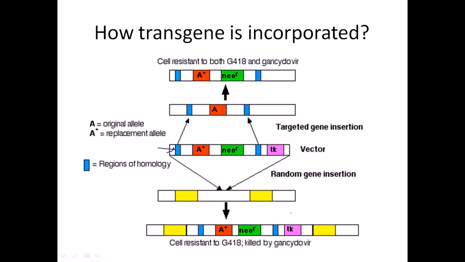For example, after random gene insertion, the strain can be killed by ganciclovir, which is a drug. On the other hand, if the first thing happens, where replacement occurs, that particular cell will be resistant to both ganciclovir as well as G418.